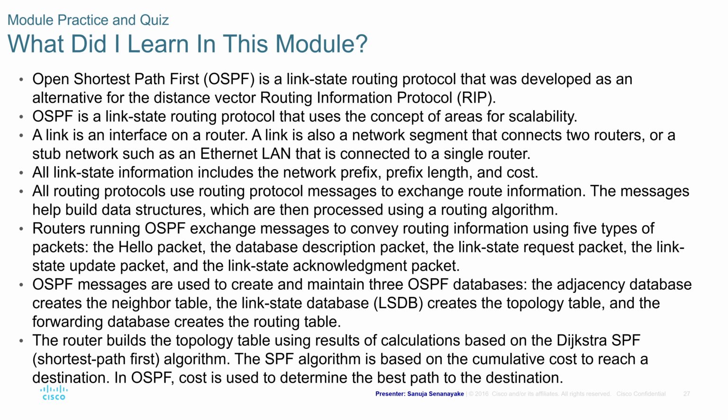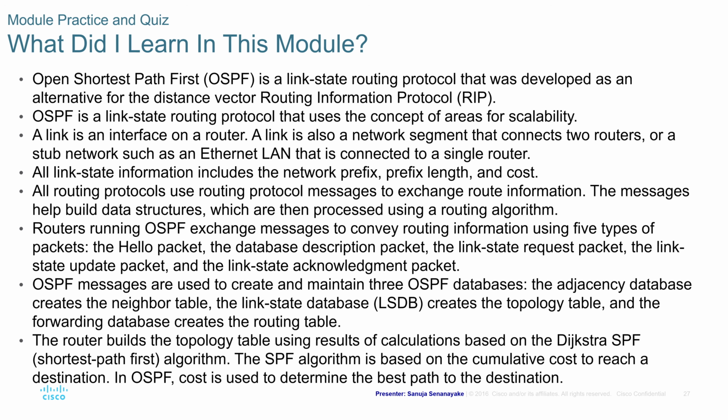All routing protocols use routing protocol messages to exchange route information. The messages help build data structures, which are then processed using a routing algorithm. Routers running OSPF exchange messages to convey routing information using 5 types of packets.